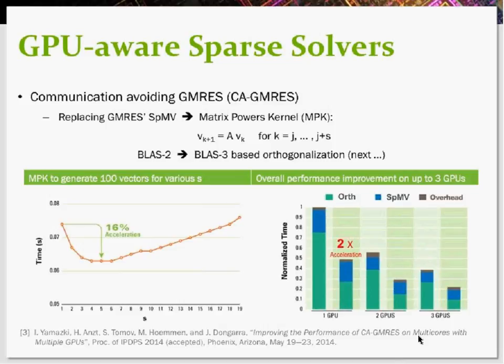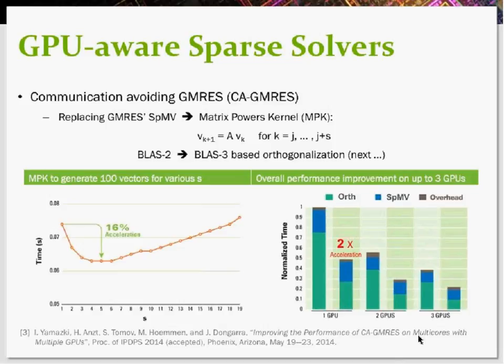Now, in the area of linear algebra, there is a lot of interest in the so-called communication avoidance algorithms, like the subspace method. And this is one example of communication avoidance. The way this minimizes communication, you build up your parallel subspace, A times R, A squared R, and so on, evolution in that space.